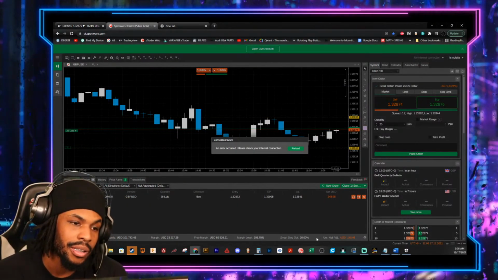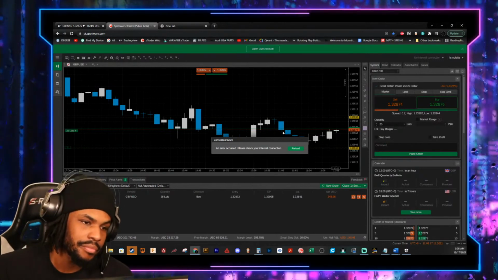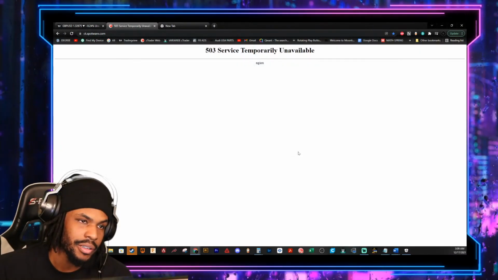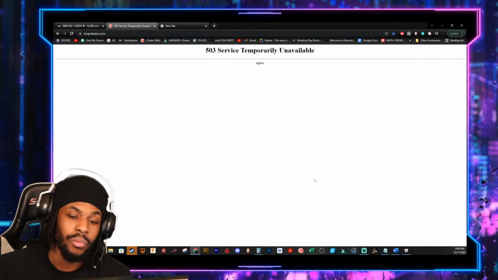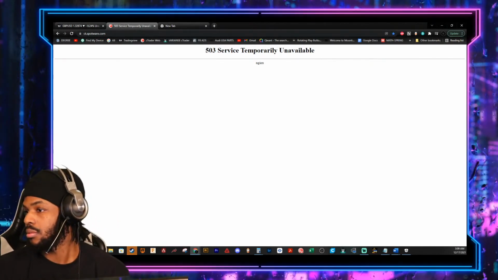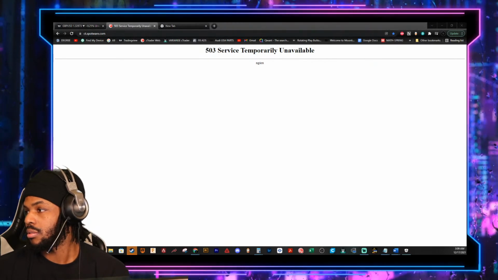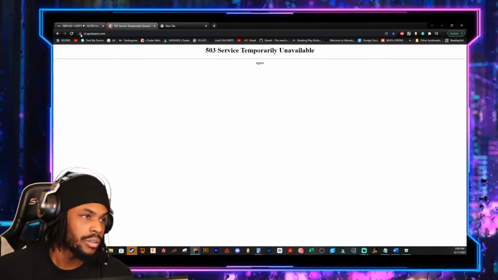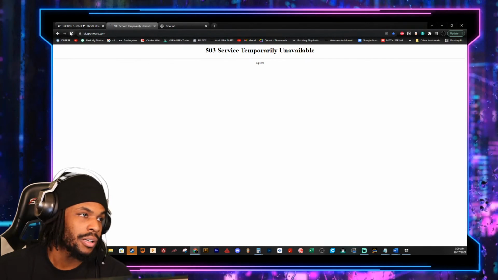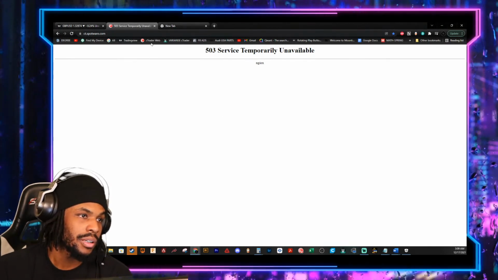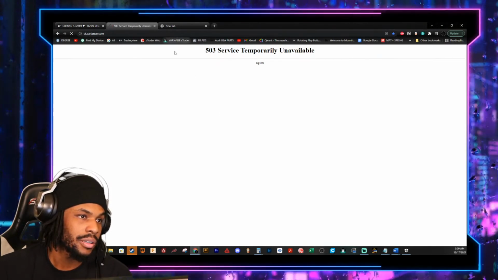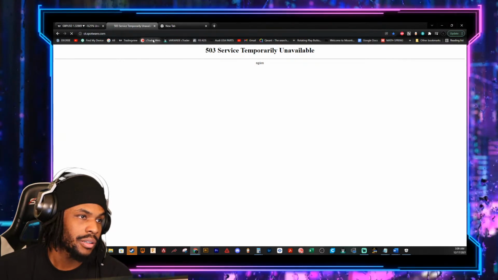Oh wow, my internet connection. Never seen that while trading. Wow. That is wild. What?